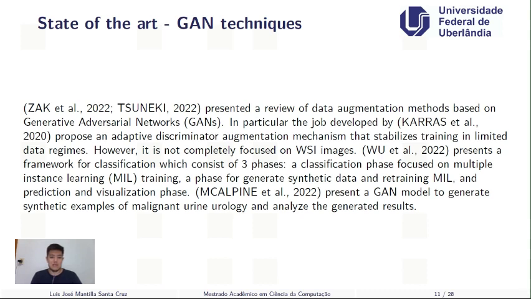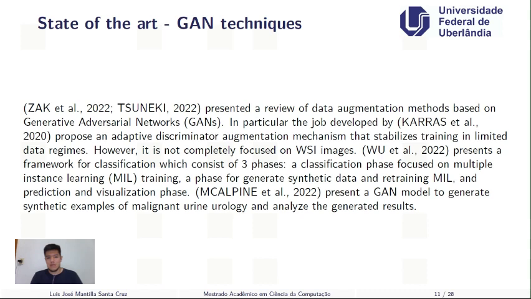Of magnetic urology. Basically, he generates images that contain new interesting cells, similar to the existing ones in the dataset.